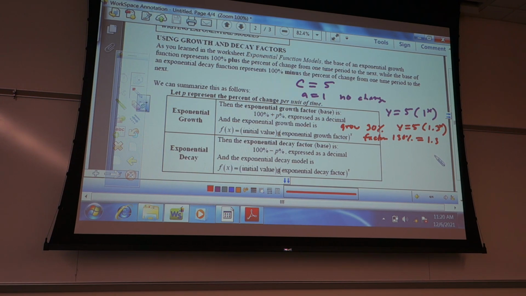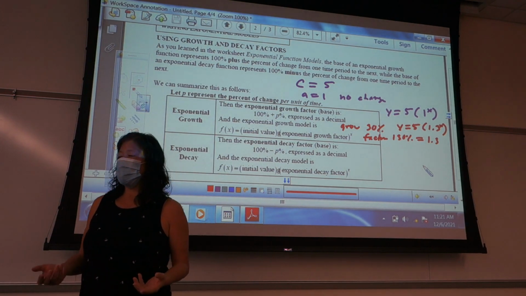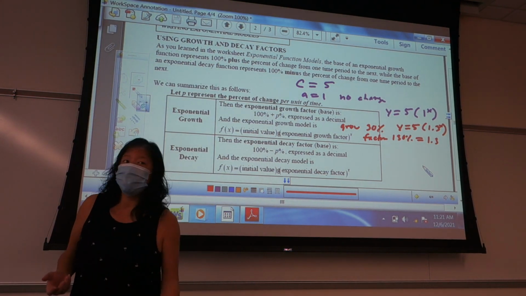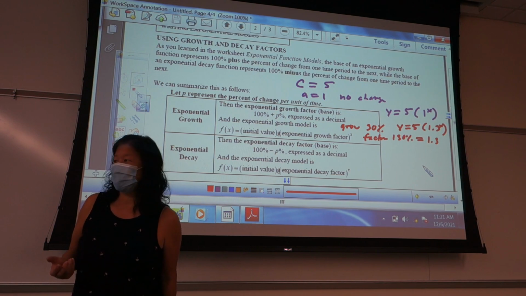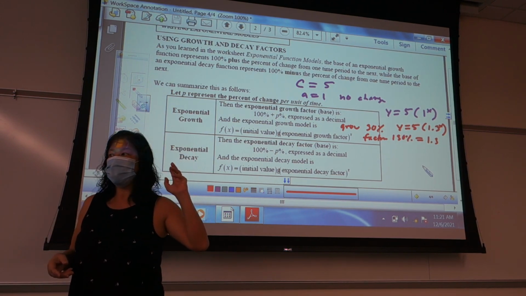Would it also work if it was like 200%? Yes, you can. Now, here's the thing. With decay, if I have 100% of something, I cannot lose more than 100% of it. Do you understand what I'm saying? But you can grow by more than 200%.